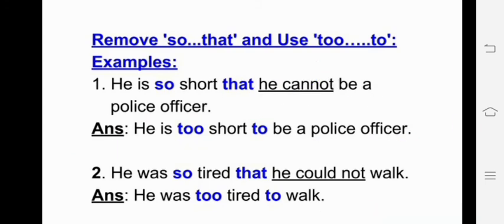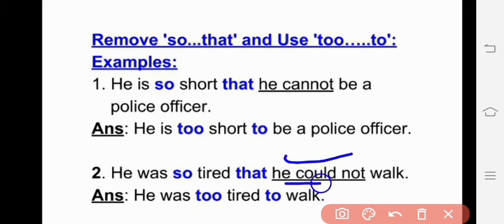Now we go for the next example, number two: he was so tired that he could not walk. Here, he could not walk we should omit. And was is given, so this statement is in the past tense, so we apply the same without any change. So: he was too tired to walk.